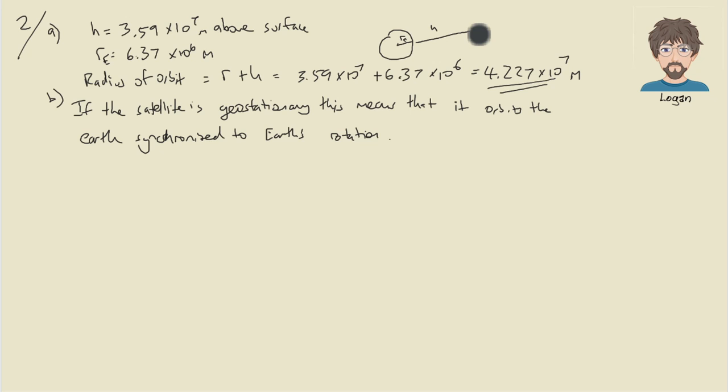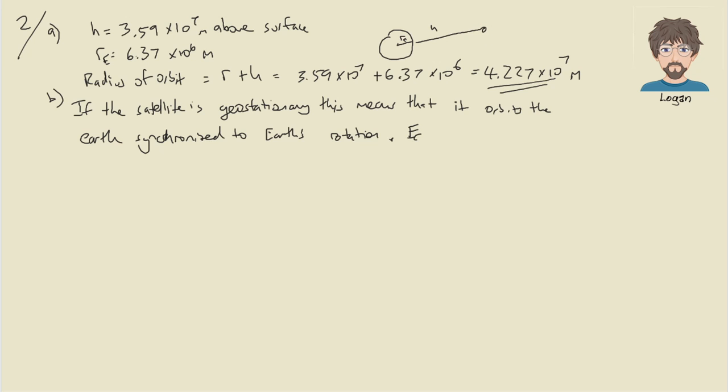So if we say that the Earth rotates every 24 hours, for example, then that's going to tell us how long the period of rotation of the Earth is, which tells us the period of the orbit of the satellite.